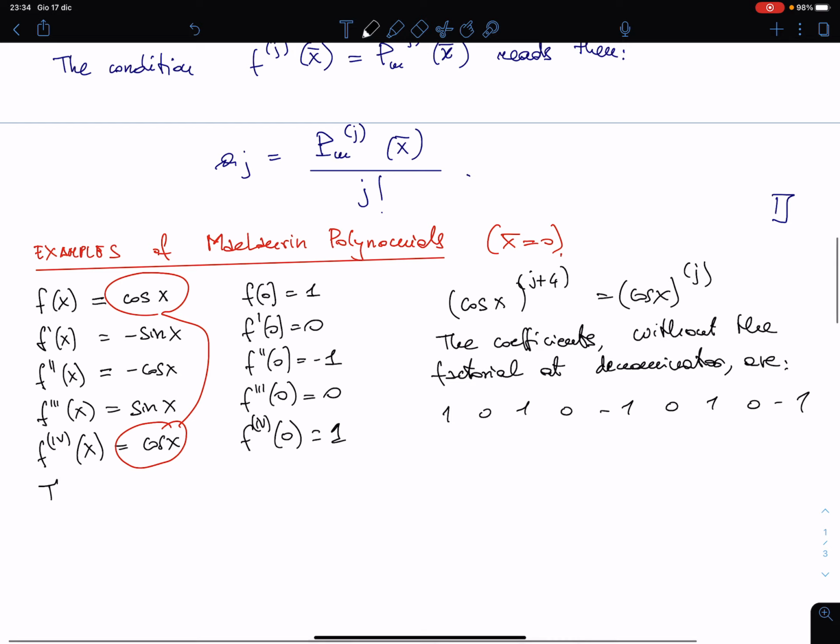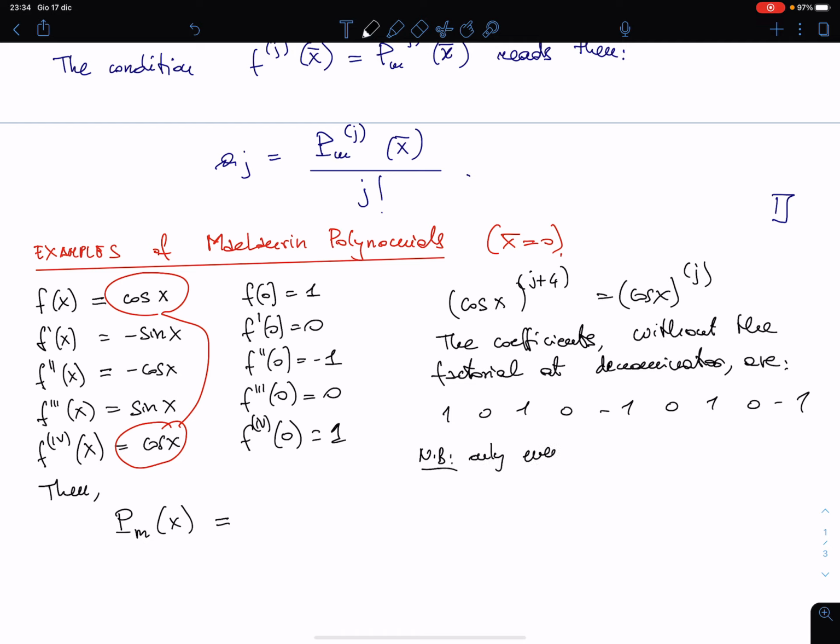Then Pm of x is made, nota bene, only by even terms, only even terms are present, and Pm of x is the sum for j from 0 to m of x to the 2j, because here there are only the even terms, divided by 2j factorial, and here there is a minus sign to take care of.